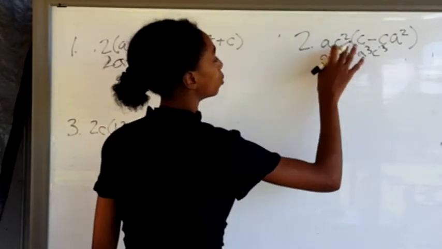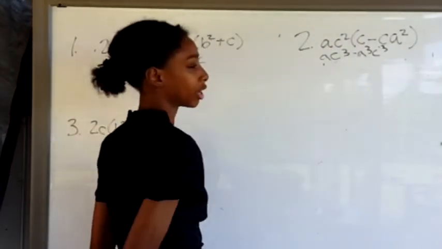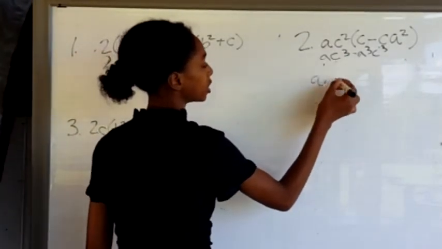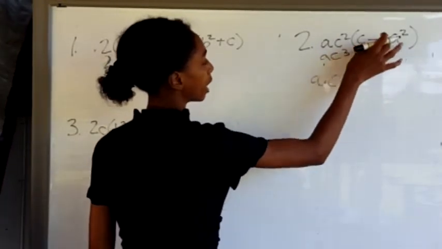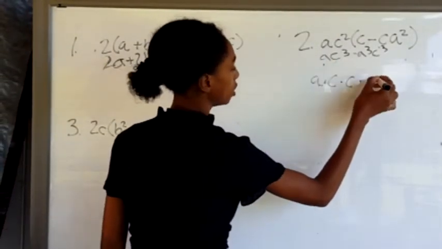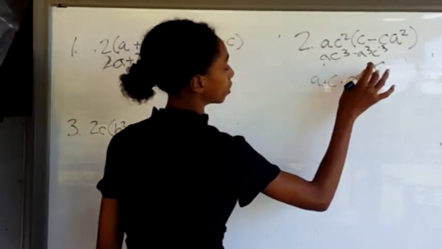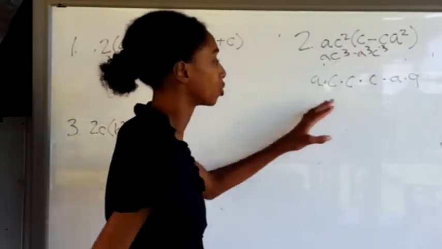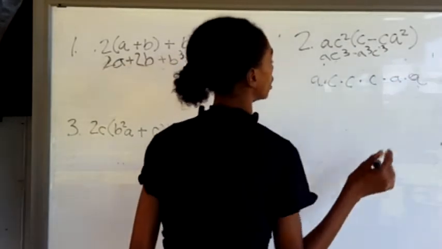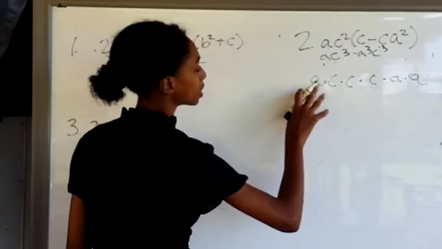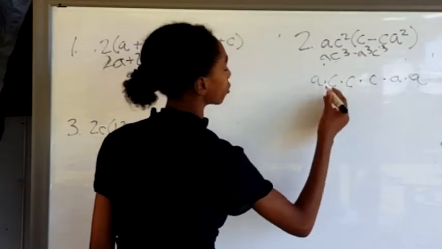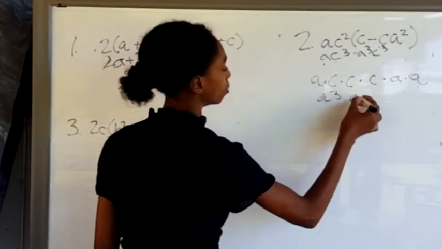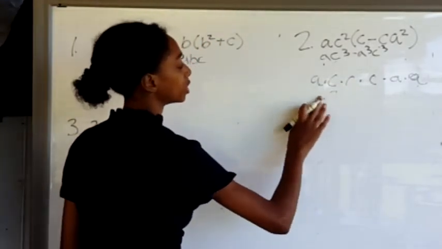It's still A cubed and C cubed, because think about how we talked about earlier: A times C squared is like writing it out as A times C times C, and then you're multiplying it by negative C, and then times A squared, which is A times A. So this is your expanded form. Then we see we're multiplying all this, and we have 3 A's, so we multiply A by itself 3 times, that's A cubed. Then we have C multiplied by itself 3 times, that's C cubed. So that's how he got A cubed and C cubed.